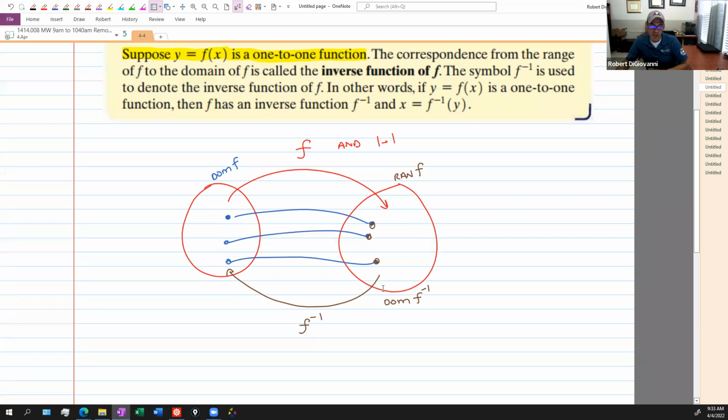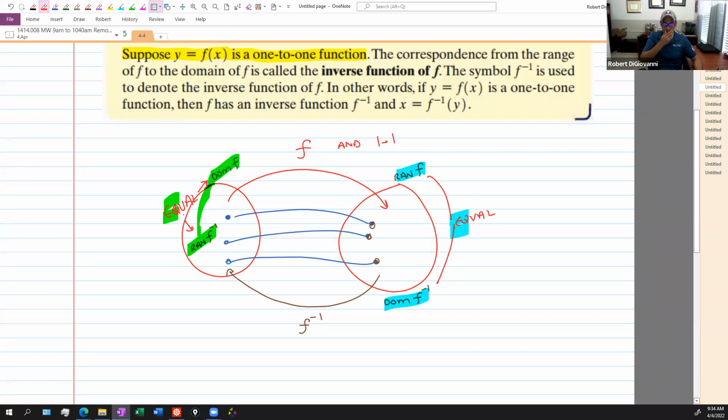These are the inputs to the inverse. And then this would be the range of the inverse. So notice that the domain of f and the range of the inverse are equal, and the range of f and the domain of the inverse are equal. But you have to have a one-to-one function to do that.